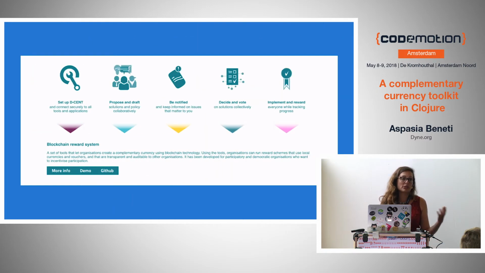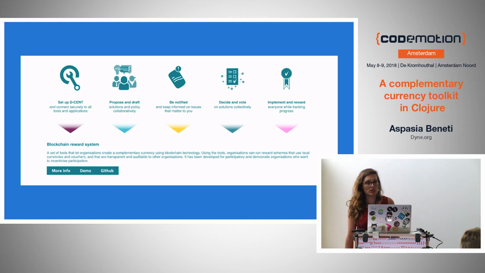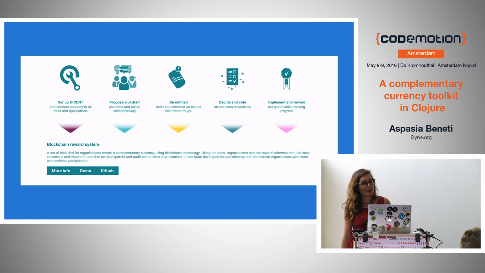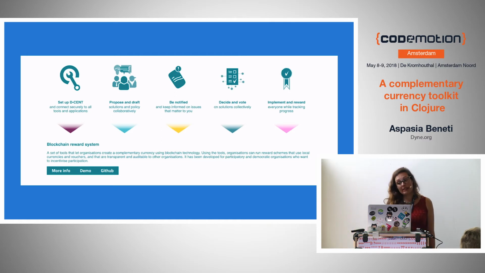The project has finished, but the tooling is still there and it's open source. Stonecutter is a single sign-on web application that ThoughtWorks developed. There was a tool for online voting, Agora, and another tool, Objective 8, for crowdsourcing and drafting policies. So that was the beginning of the toolkit I'm going to talk about today.